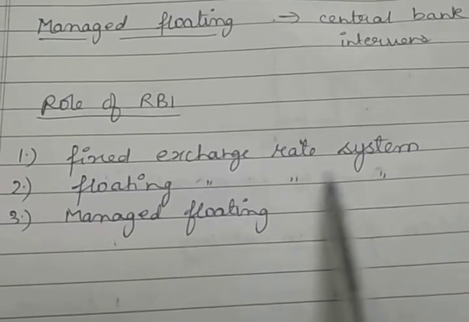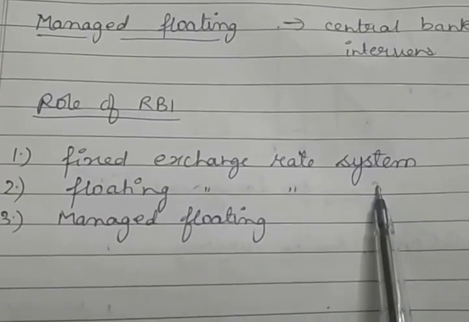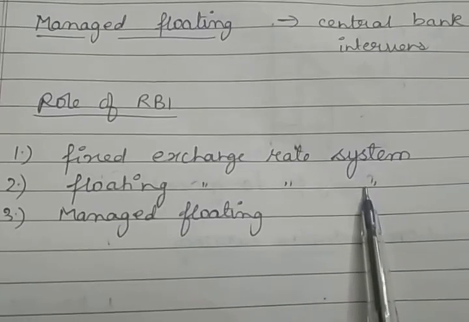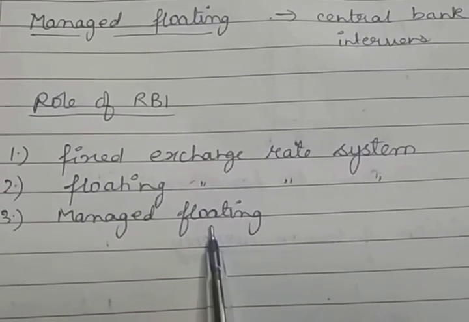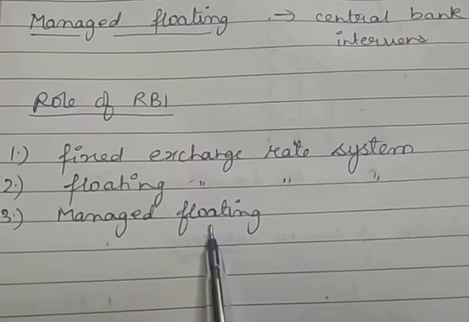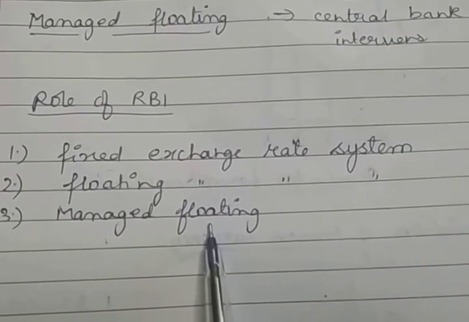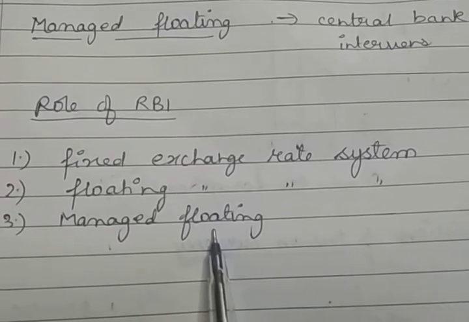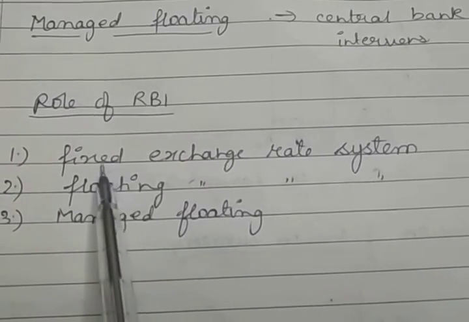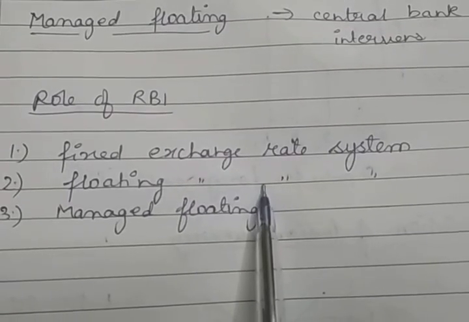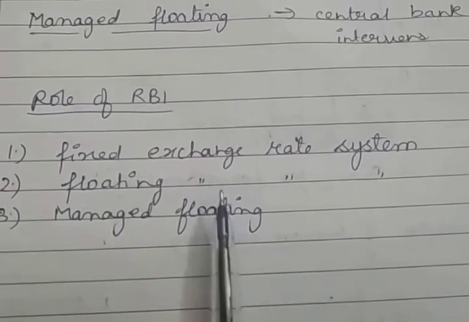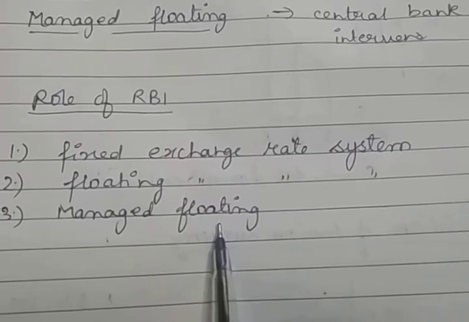That means this exchange rate system depends totally upon market conditions, so there is no role of the RBI. In managed floating, the central bank enters the foreign exchange market to buy or sell foreign currency in order to control fluctuations in the market. The fixed one is entirely controlled by them, the flexible one is free from the RBI, and in managed floating the RBI only enters at the time of fluctuations.